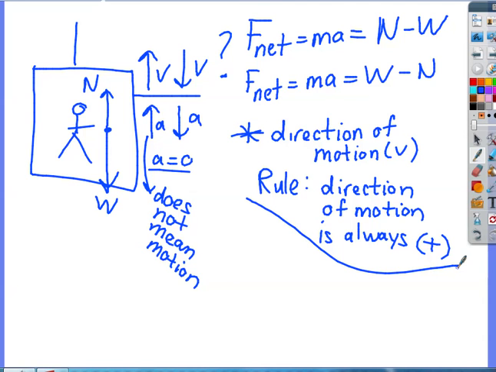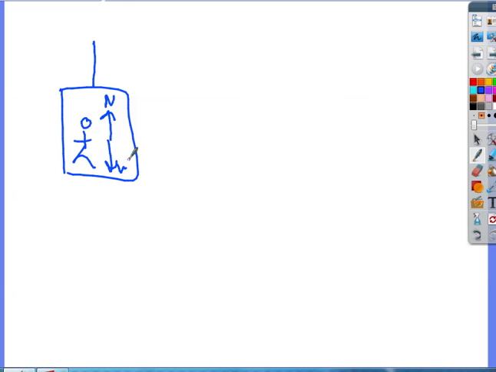What we mean by that is, if you're in an elevator and the elevator is moving up, any force pointing upwards will be considered positive.